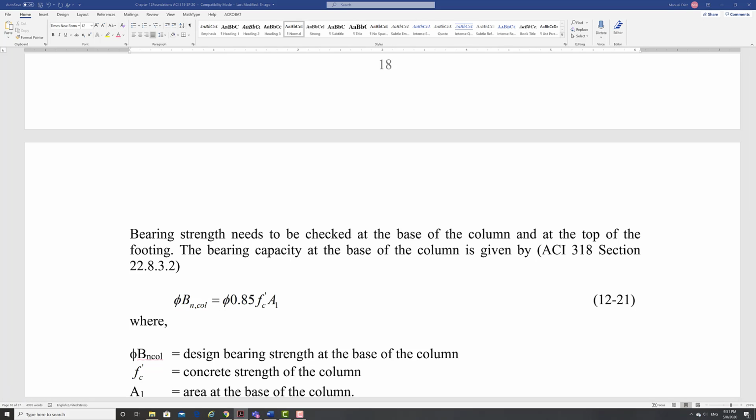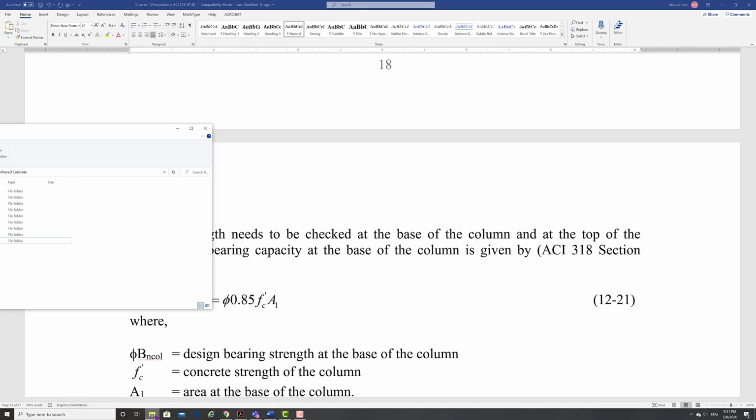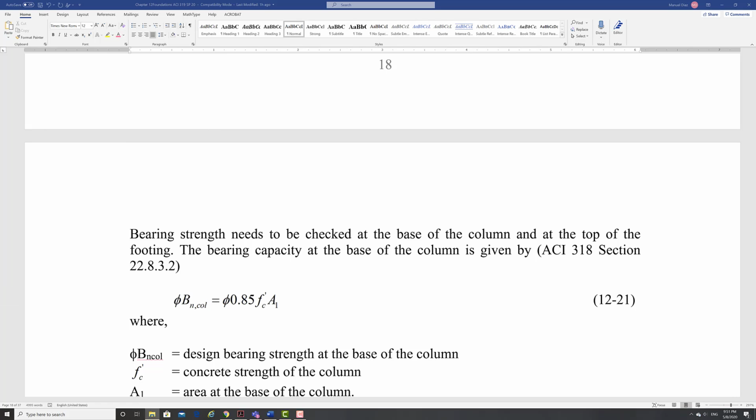So, now I don't have my code. Oh. Yeah, so that would be a special chapter that we haven't seen yet. Right, and so let's make sure that we got it right.